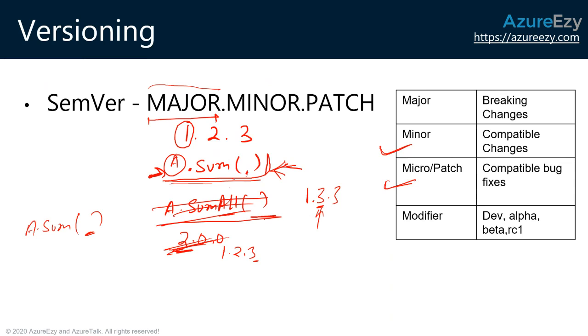There could be bug fixes or enhancements in giving the output in a much better way. Maybe some log information or verbose information is also coming up. If you are changing those kinds of things, then instead of making a minor change, you will make it 1.2.4. So this number will change if you are making a bug fix.